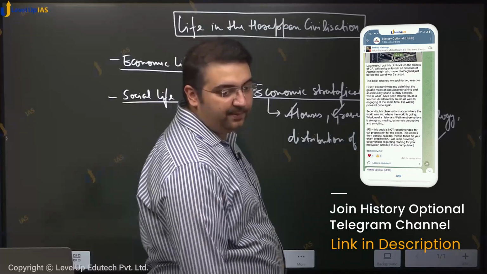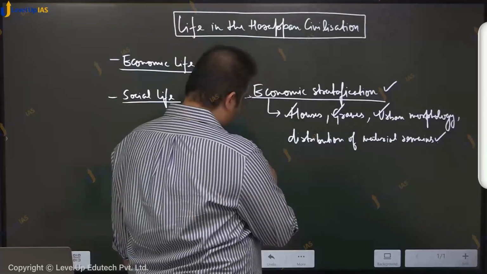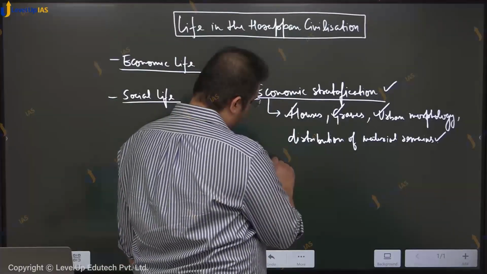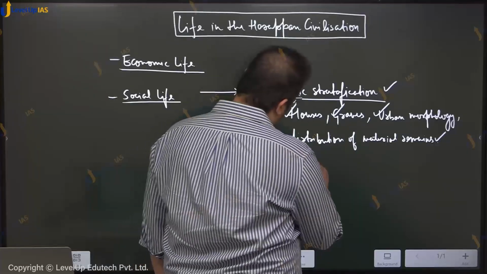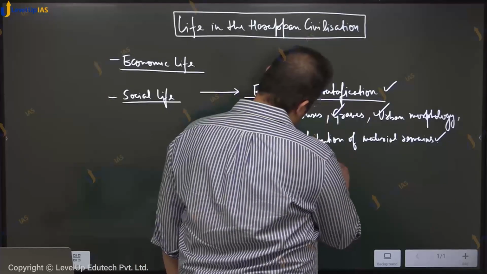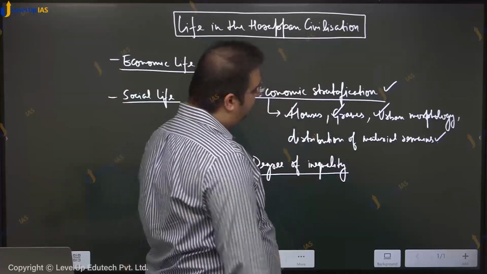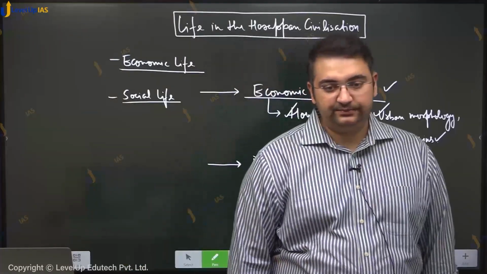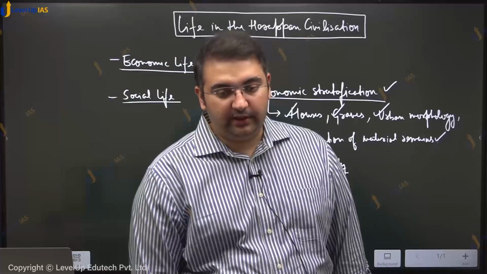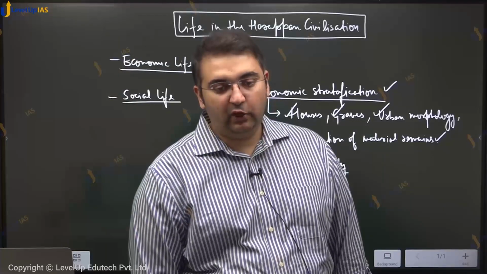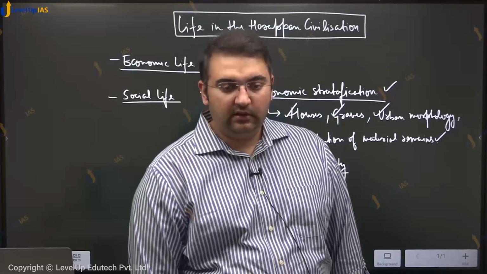At the same time, the degree of inequality, was it comparable to other Bronze Age civilizations, or was it relatively lower? Degree of inequality relatively lower.